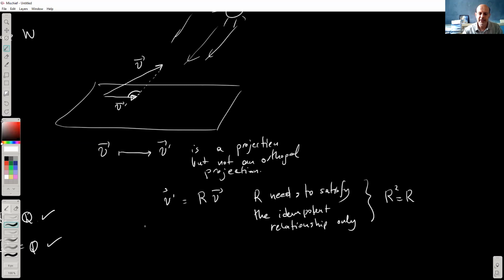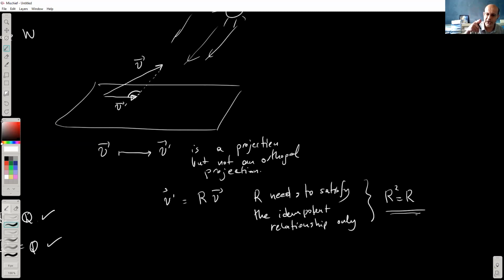Okay. So this is basically geometry. What does it mean to take a projection? It essentially means that as a linear operator, I can describe it as some kind of a linear operation where R squared is equal to R. This is the idempotent relationship, okay?